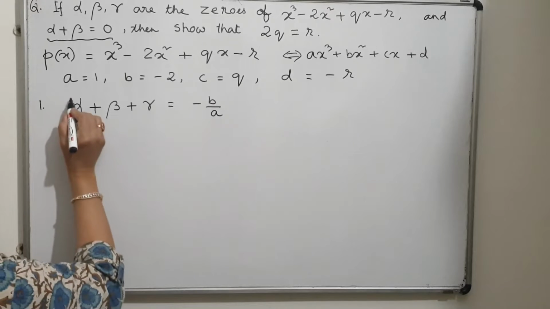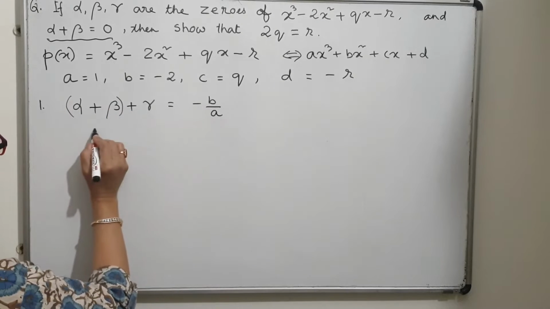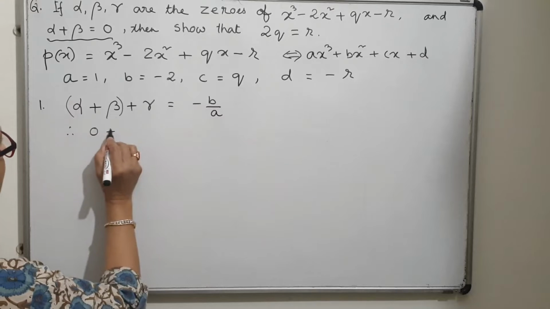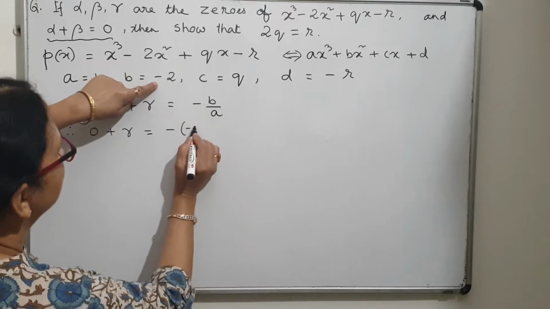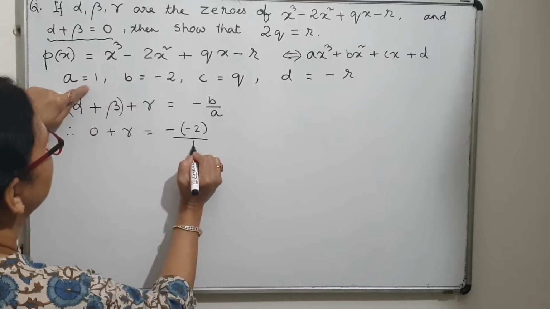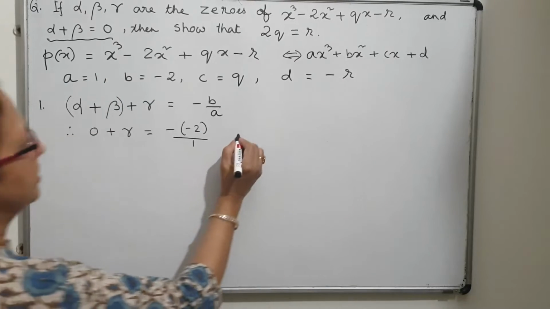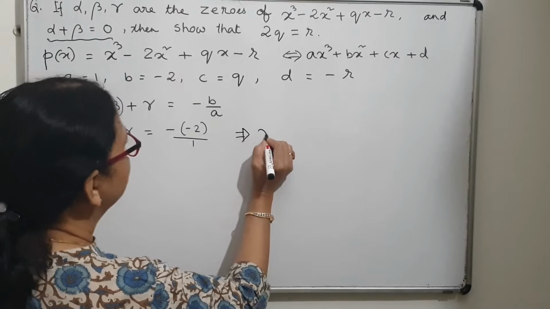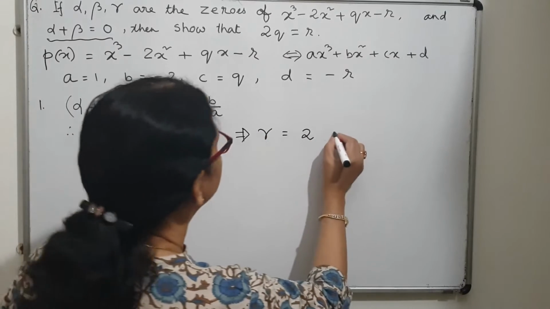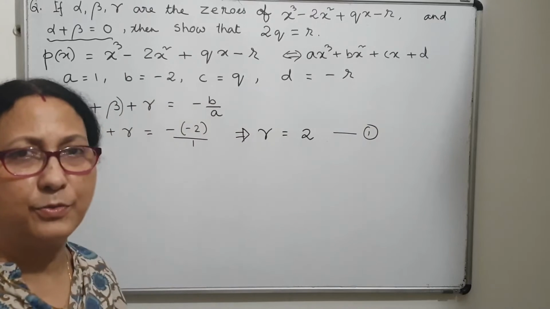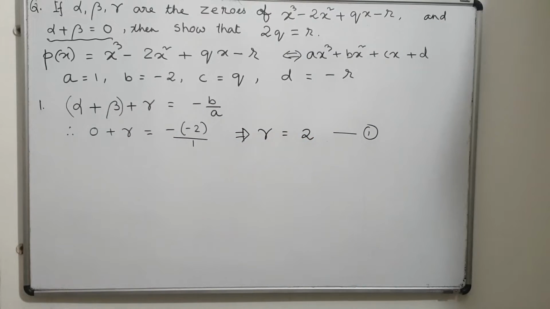So here this is your 0, minus what is b, b is -2 and a is 1. So from this I am getting that gamma is equal to 2. So equation 1. For the first relationship, I got this equation.